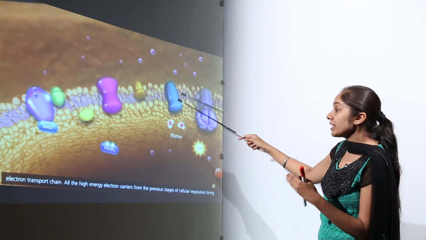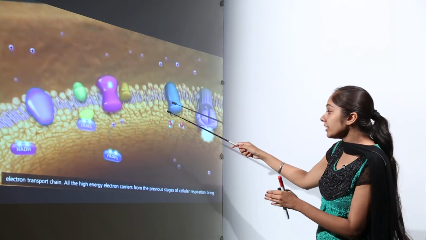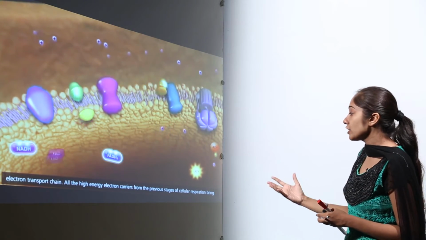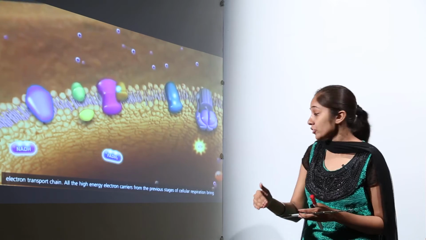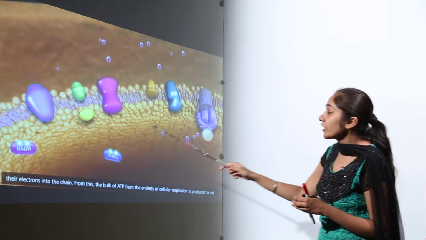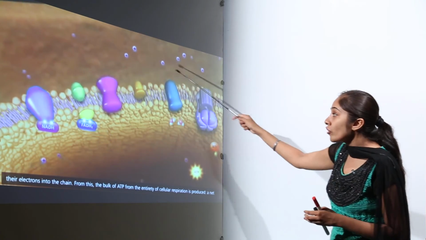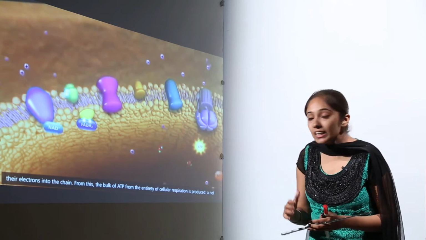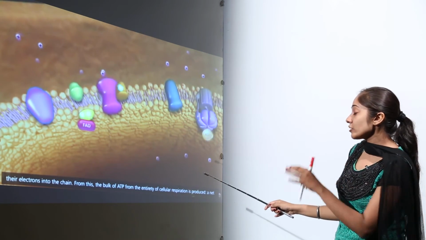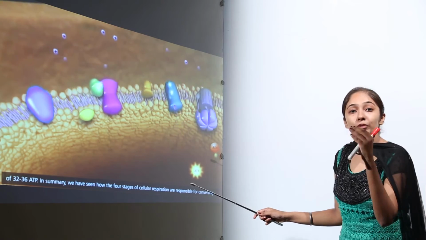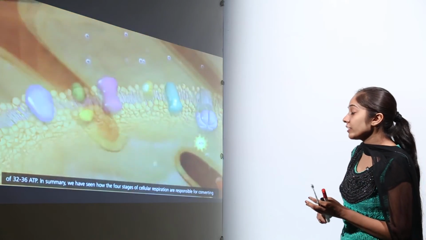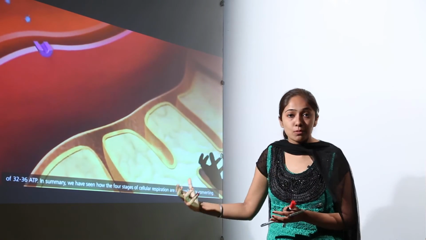All the high energy electron carriers from the previous stages of cellular respiration send their electrons into this chain, and from this the bulk of ATP is produced, that is 30 to 36 ATP molecules.